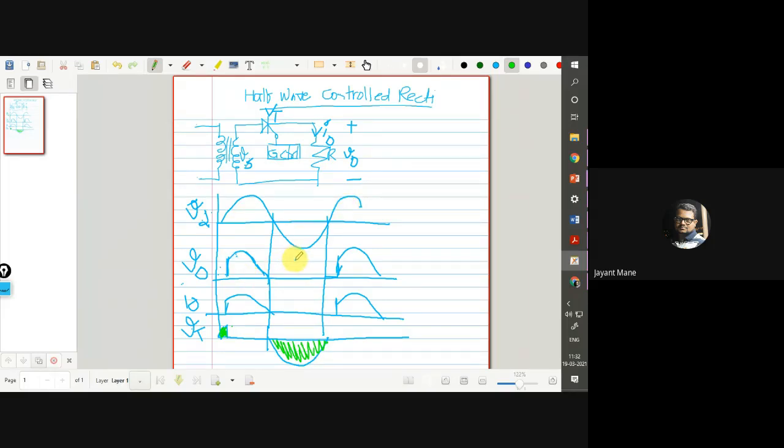Then we have to calculate the performance parameters of this. So for this waveform, one cycle is from 0 to 2 pi.